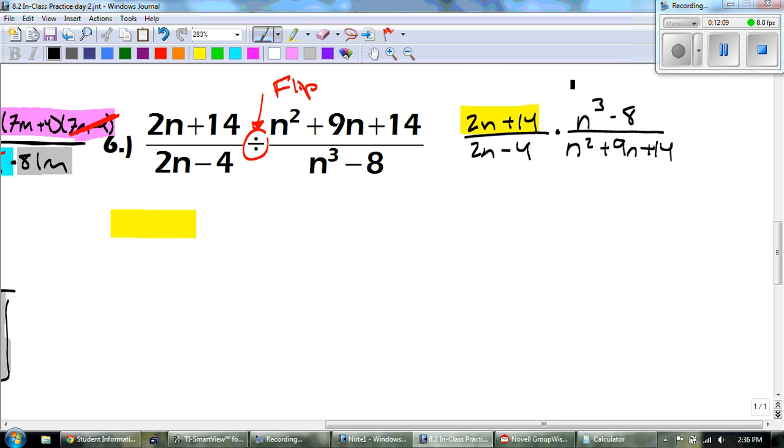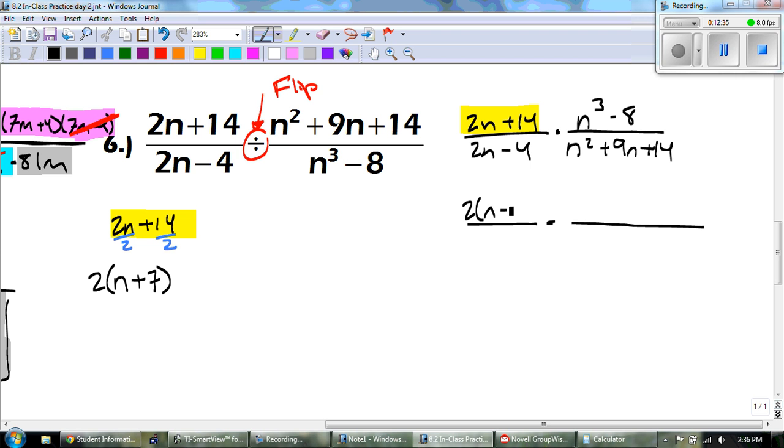So I'm going to start with the 2n plus 14. So 2n plus 14, we can take out a GCF of 2, and then we're left with 2 parentheses n plus 7. Okay, so as I'm rewriting this, I have 2 n plus 7.